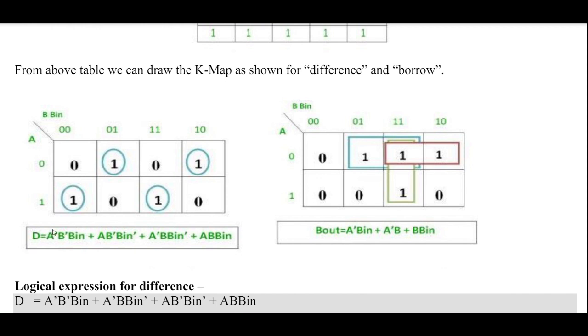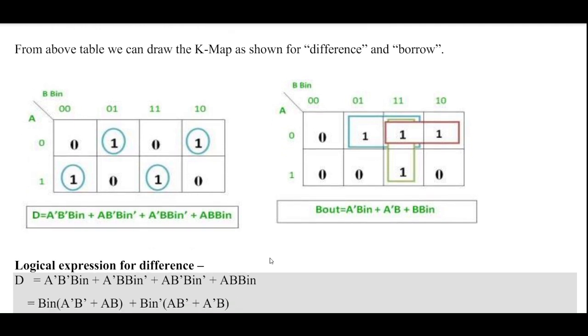As they are not adjacent, we have to take them like this. So finally we get A bar B bar C plus A bar B C bar plus A B bar C bar plus A B C, which is nothing but A XOR B XOR C, that is A XOR B XOR B in. This is the standard equation, the expansion of A XOR B XOR C.